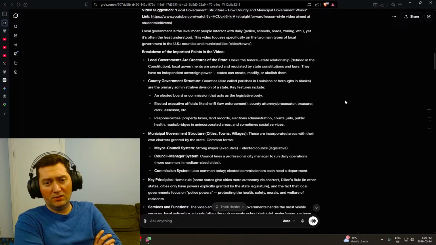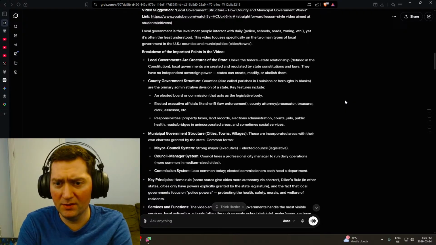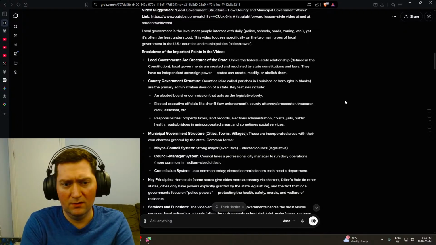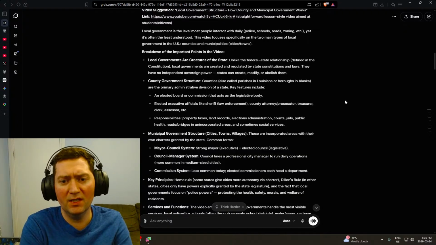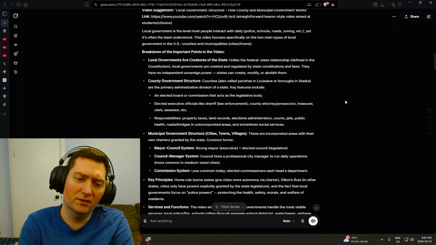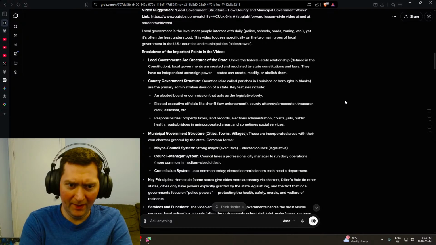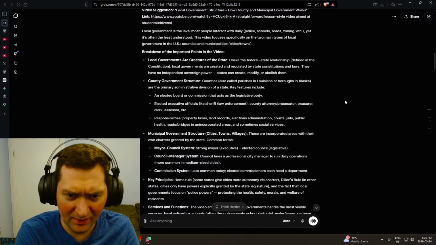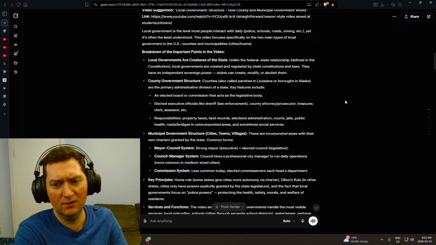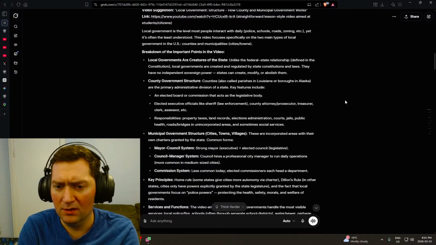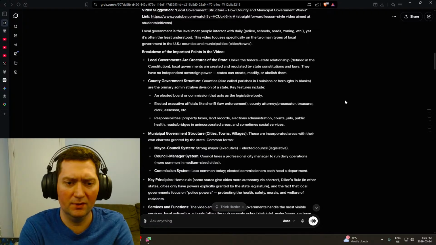County government structures. Counties, also called parishes, are primarily administrative divisions of the state. Key features include an elected board or commission that acts as a legislative body, and elected executive officials like sheriff, county attorney or prosecutor, treasurer, clerk, assessor.